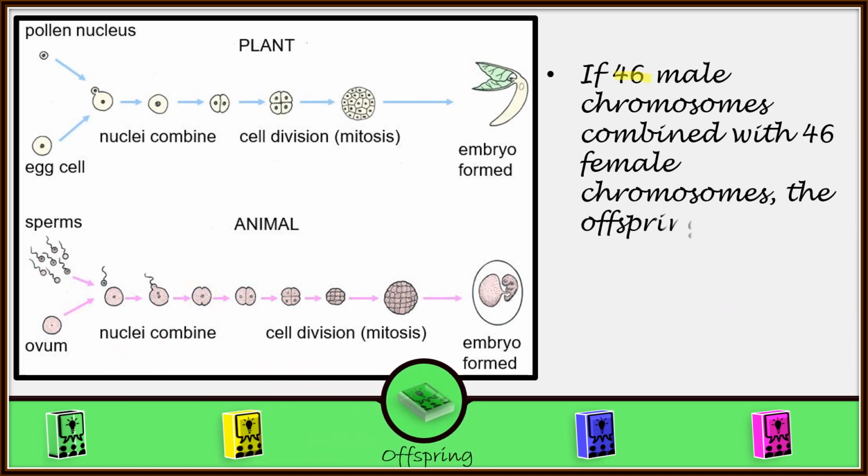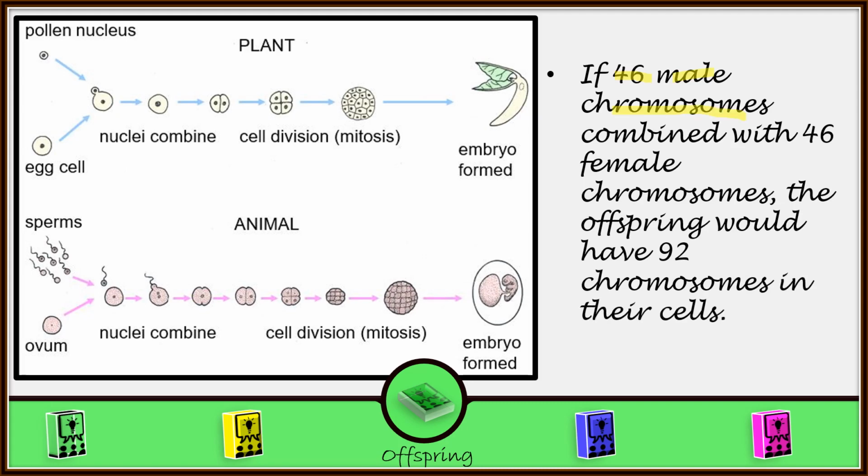If 46 male chromosomes combined with 46 female chromosomes, the offspring would have 92 chromosomes in their cells. So that is the problem which we are likely to get.